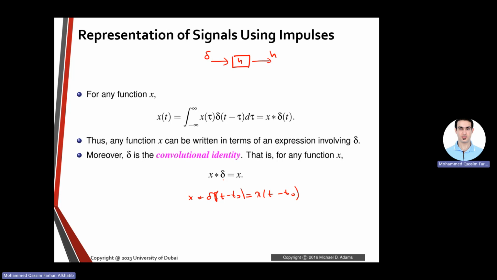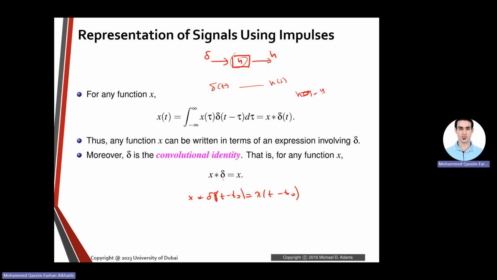Okay, so for any function, one of the properties is when you do a convolution with delta, which is what we call the impulse response. When you have the input signal delta of t, and you feed it to a certain system h, you get the output h of t.